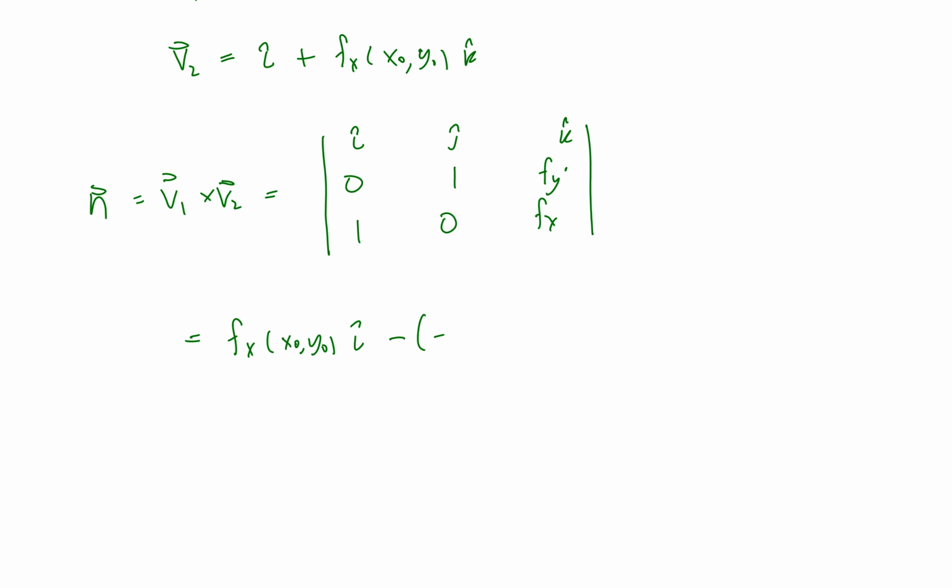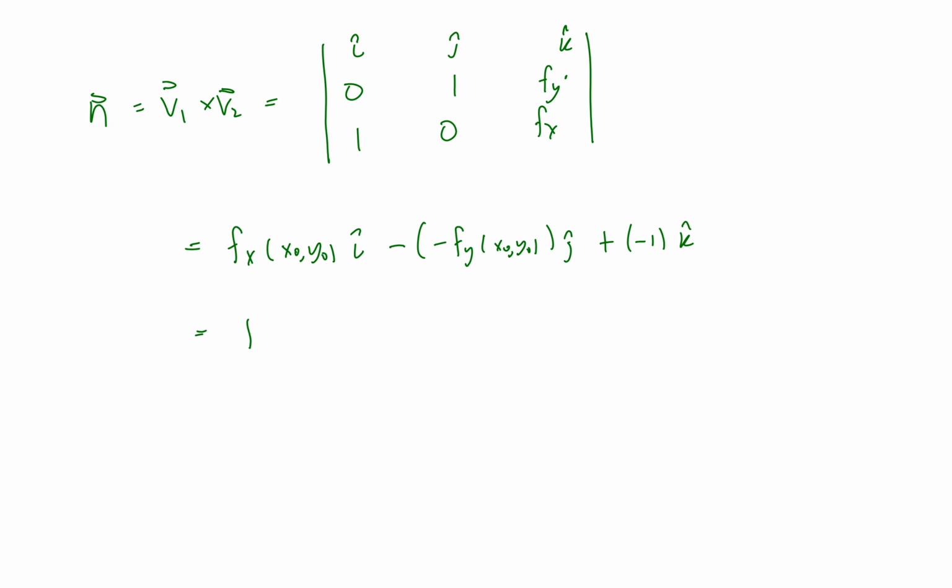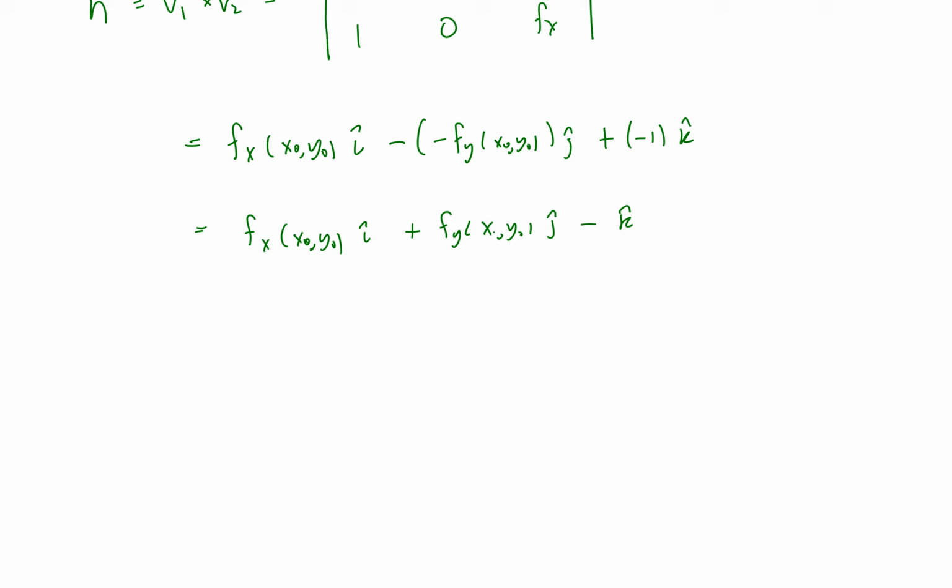So minus f sub y, x0, y0, j, plus, and then I'm going to have a negative 1 k hat. So this normal vector here is f sub x, x0, y0, i, plus f sub y, x0, y0, j, minus k hat.